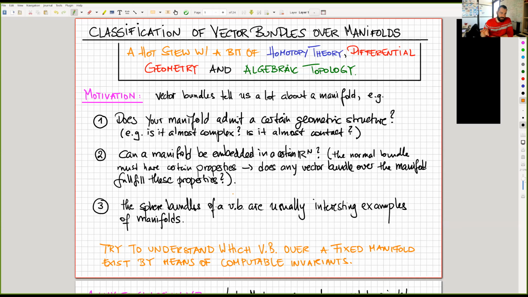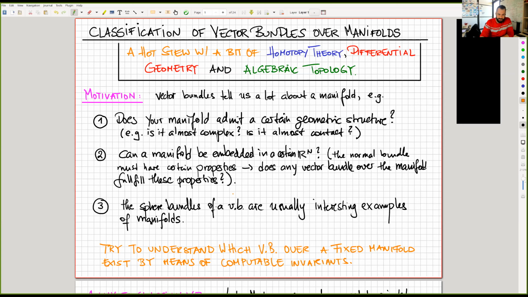Usually these are very good examples to test things or to produce counterexamples to certain assumptions. And the thing is that if you know your manifold and the vector bundle, you understand very well the sphere bundles over the manifold.